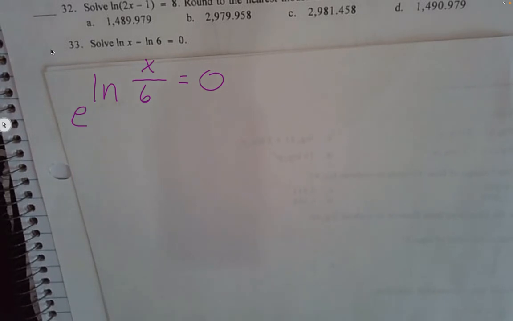E. So I get x divided by 6 equals, I'm guessing that's 1. Anything to the 0 power is 1. Then how do you solve for x? Multiply by 6. So x equals 6.